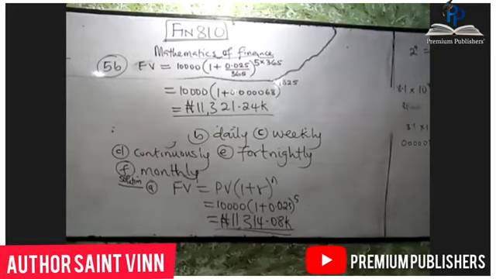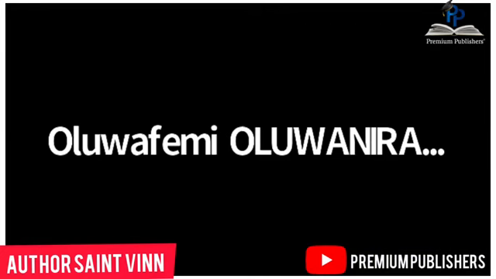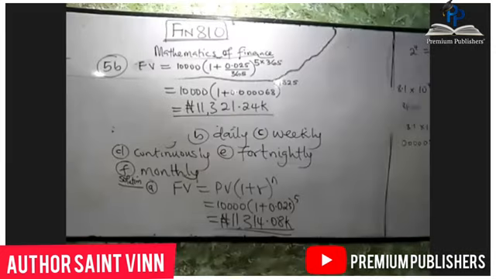It is times 10 raised to power minus 05, and that 05 means 0.00000 with 68 there. Now, when you add 1 to that, you have 1.0000684 raised to power 1825. When you get the calculator, multiply by 10,000, it must give you 11,321. Okay, that's fine. Thank you.